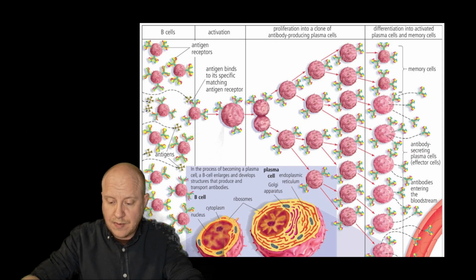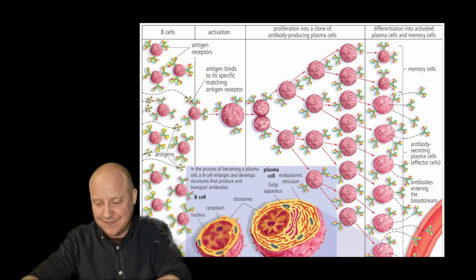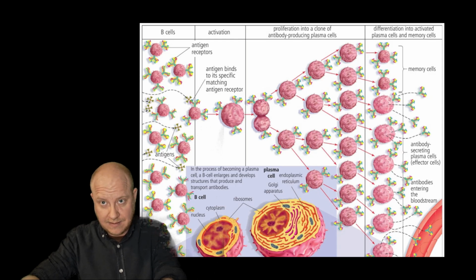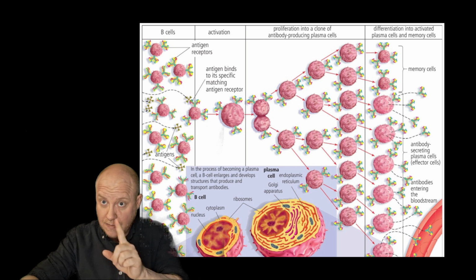So the main key point here is multiplication of activated B lymphocytes to form clones of antibody-secreting plasma cells. This is so cool. I mean, it's complicated and messy, but it's so cool. The helper T lymphocytes and B lymphocytes described in section 3.2.8, the ones we just talked about, are antigen specific. That means that they only match up with one antigen, one pathogen. Antigen on a pathogen.